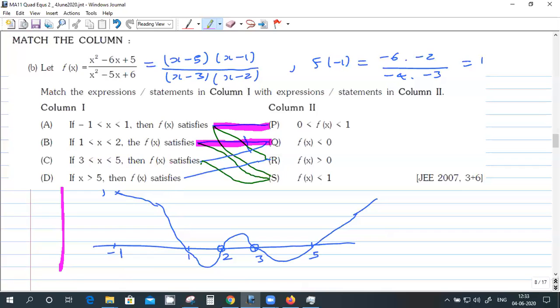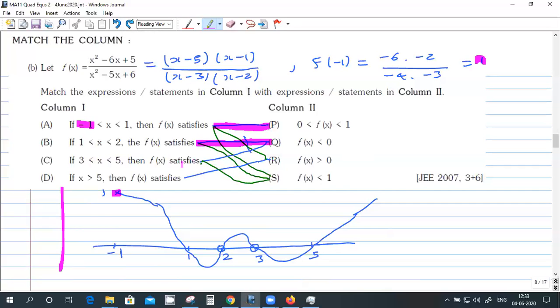Yes, sir. And then find the value of the function at x = -1 because that's useful. You get +1, right? Because x equal to -1 is specified. So put -1 and get the value as 1. Okay, that will match with this one, right? Yes, sir.